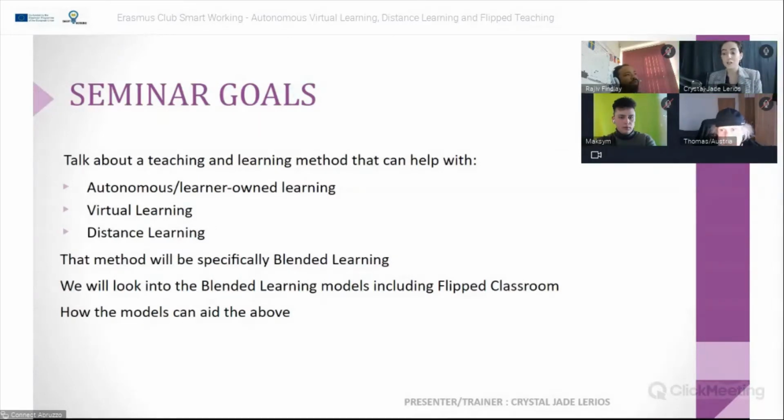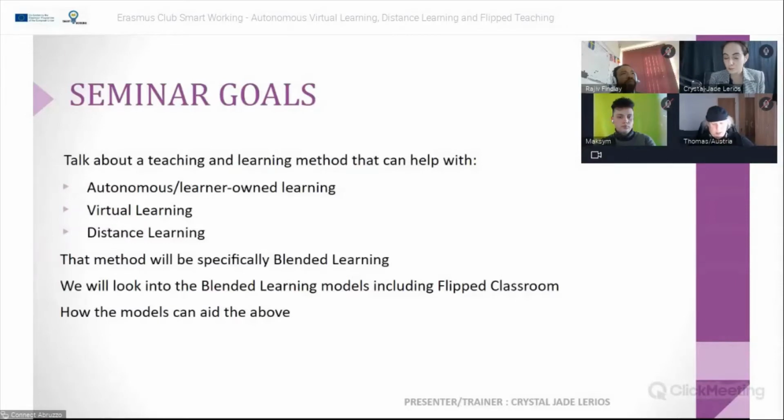So today's goals. We're going to talk about a teaching and learning method that can help us with autonomous or otherwise learner-owned learning, virtual learning, and distance learning. That method will specifically be blended learning. And if I say so, high quality blended learning.